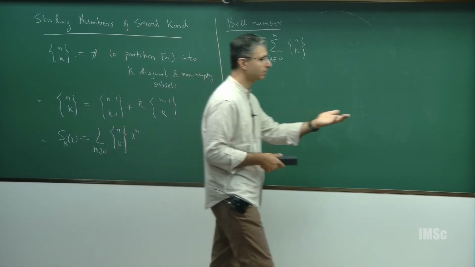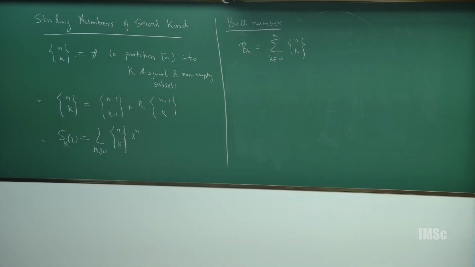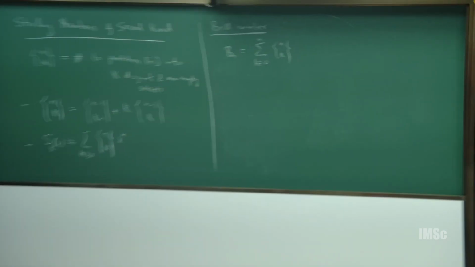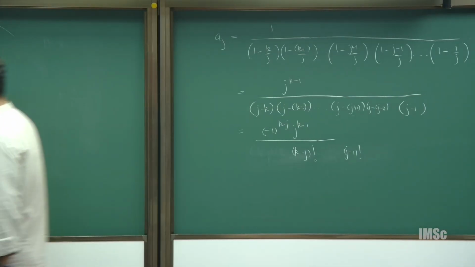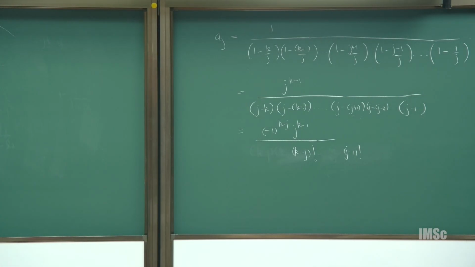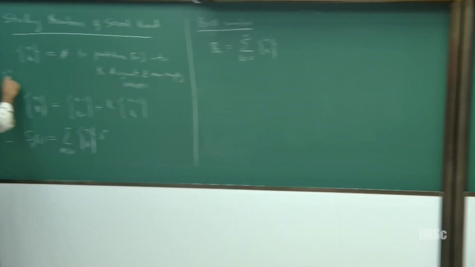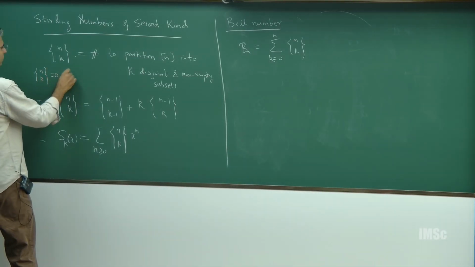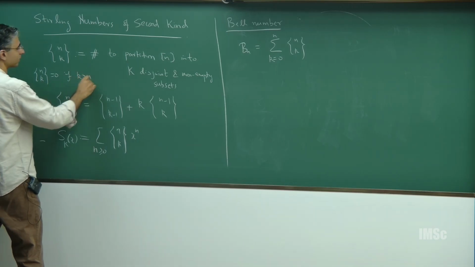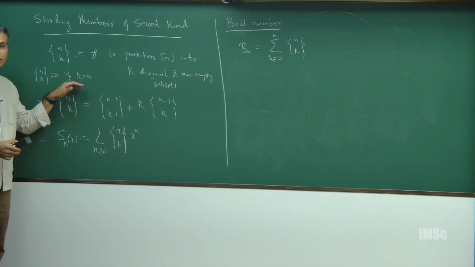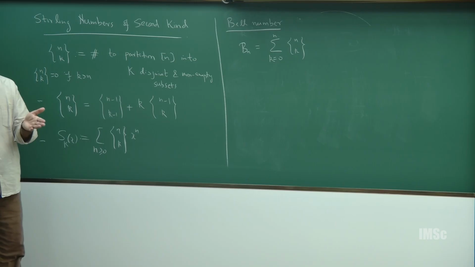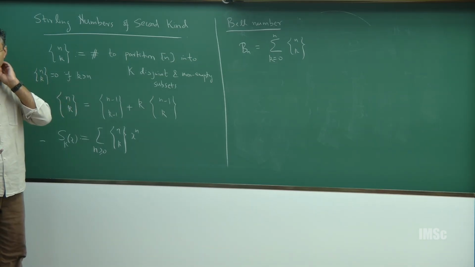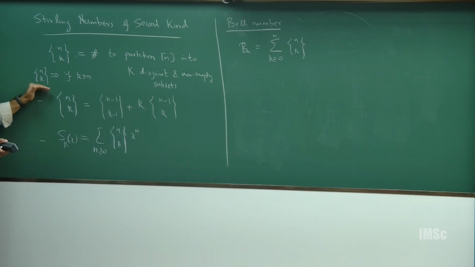So, one thing I will maybe not do it now is this formula has a very nice property. Okay, what is the property? We note that n curly k is 0 if k is more than n. Right? There is no way you can partition a set of size n into more than n parts. Right? So, this number is 0, by definition it is 0.